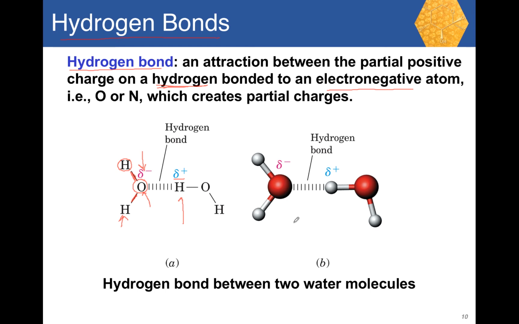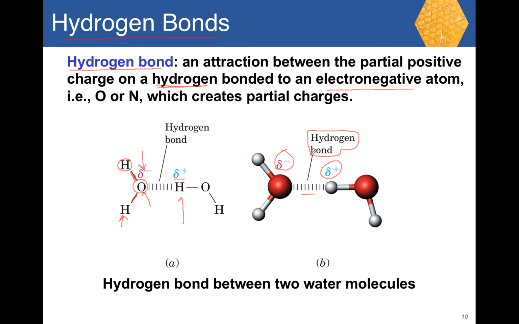So what you can expect is if there's a partial negative and a partial positive, there is an attraction, and that's called a hydrogen bond. So this is really a dipole-dipole attraction, but a specific one because it involves hydrogen.